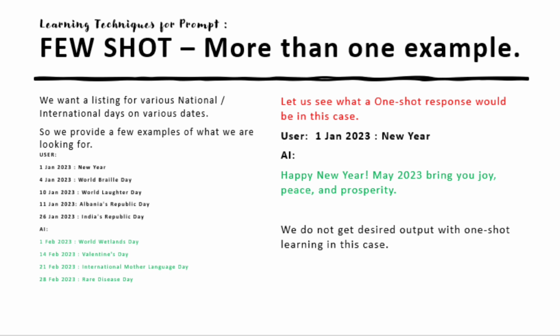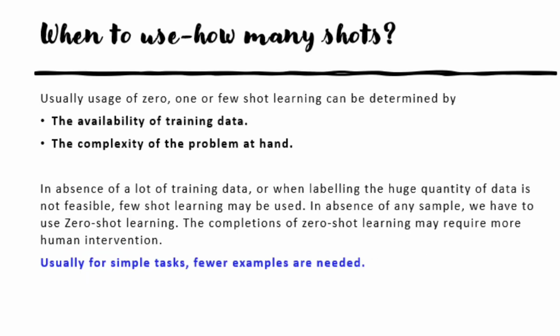Whatever results you want, based upon that requirement, you can choose what type of shot you want. When to use how many shots: you can usually go with zero shot first. If you are not getting the desired result which you are looking for, then you go for one shot, and if your requirement is still not achieved, then you go for few shots.